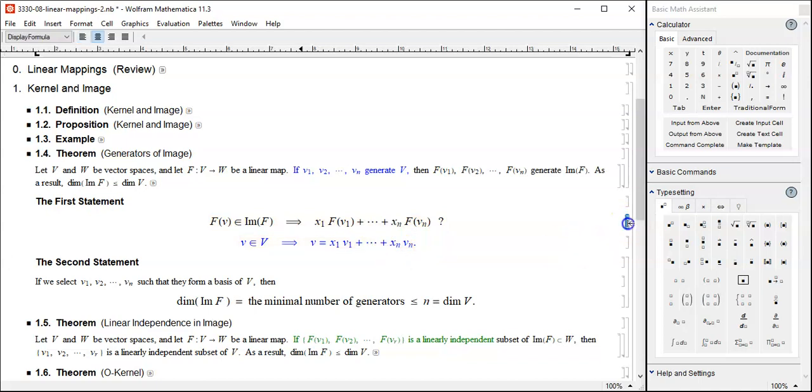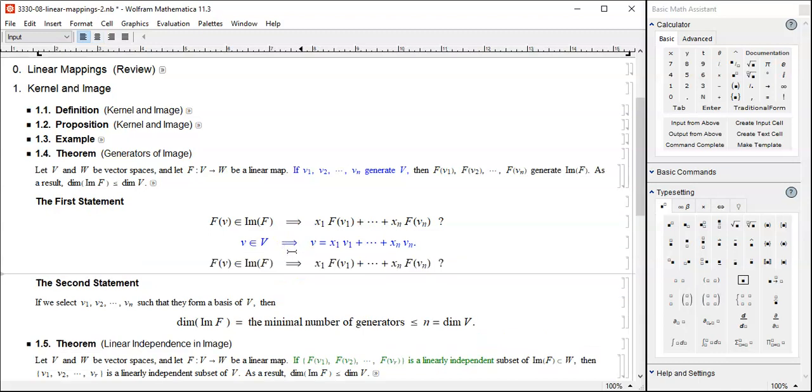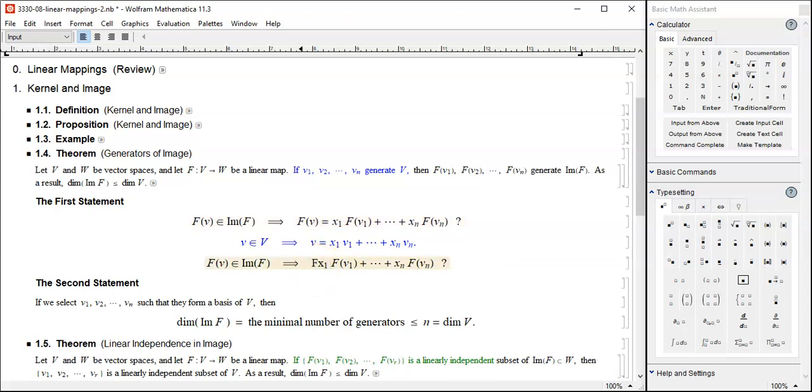Okay, let's prove it. Oh, wait a minute. This statement is incomplete. If this had been an in-class session, then somebody must have raised a hand already because I didn't complete what this one is all about.